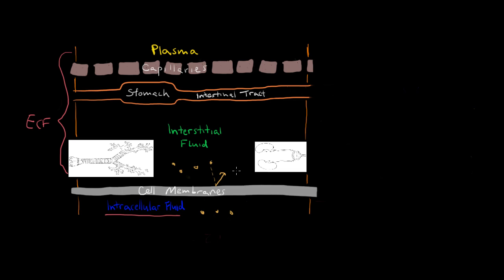And fluid will flow up into the extracellular fluid to give an equilibrium in concentration. So I'll show that right here. Fluid flowing up. And another way to show this is suppose we have a fraction.